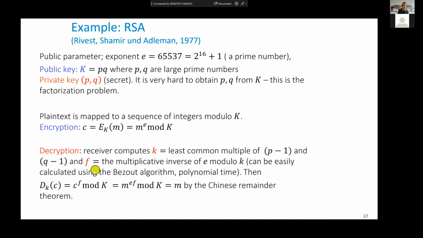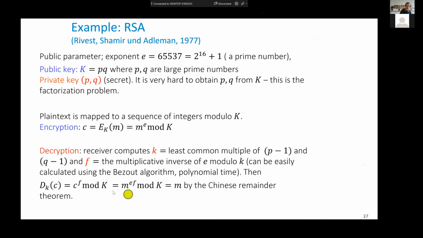You compute another exponent, which is the inverse of E modulo K. I've spoken of the modulo inverse a minute ago. So that's exactly the same thing we do. E is a public number. K is private. So computing F is a private thing. If you don't know K, you don't know which of the numbers that are modulo K happens to be the inverse here.